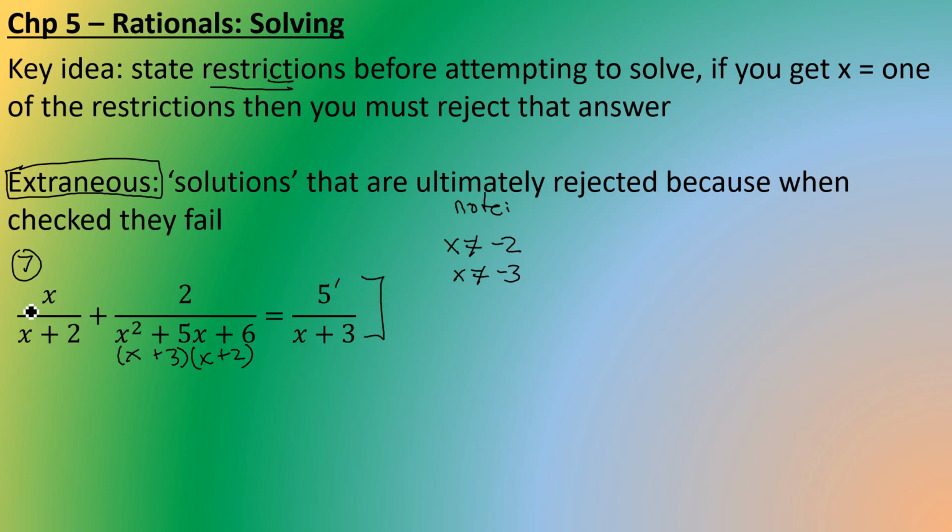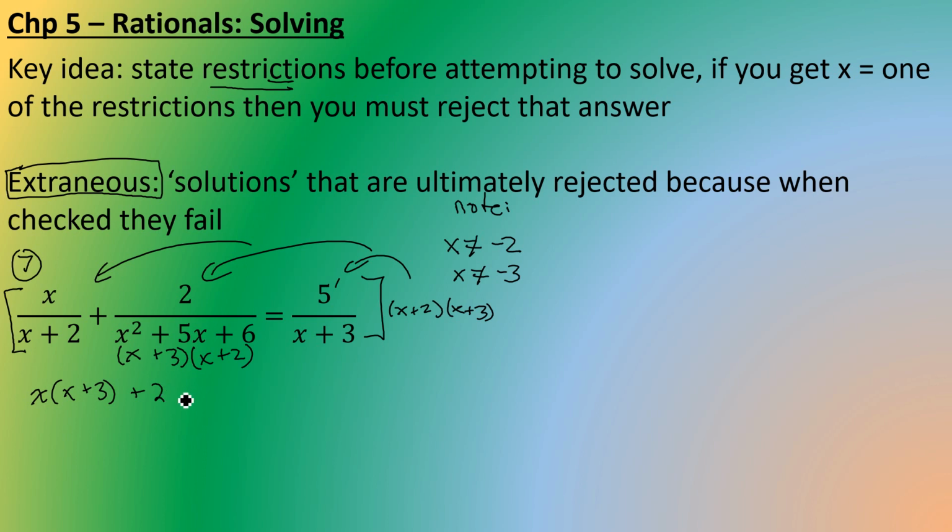Now I'm going to start to do all the work. So I'm going to multiply by x plus 2, x plus 3, and I'm hoping that that cancels some things. So I get x, the x plus 2's cancel. Then I have 2, everything cancels, and then 5 times x plus 2. That gives me x squared plus 3x plus 2 equals 5x plus 10.